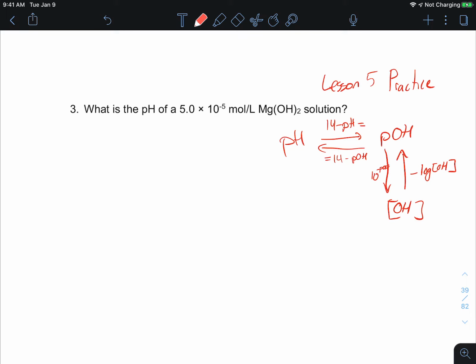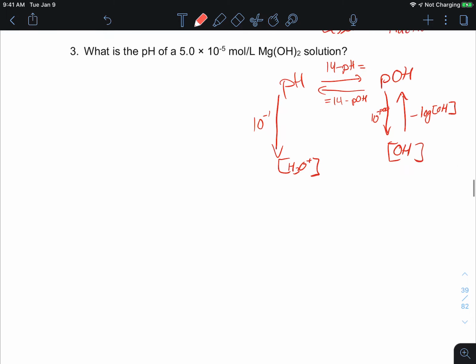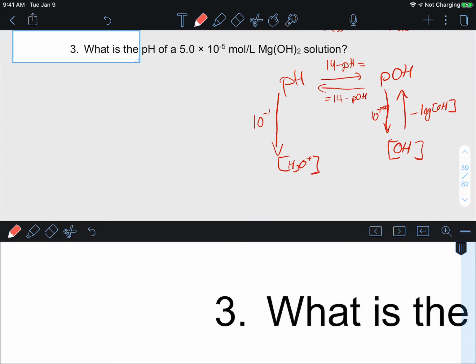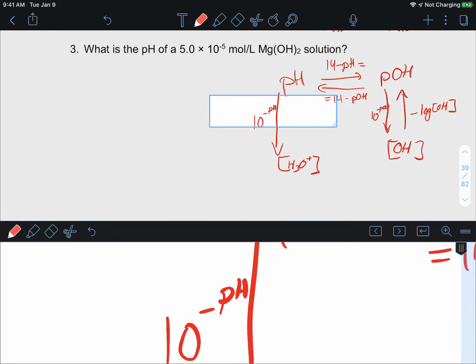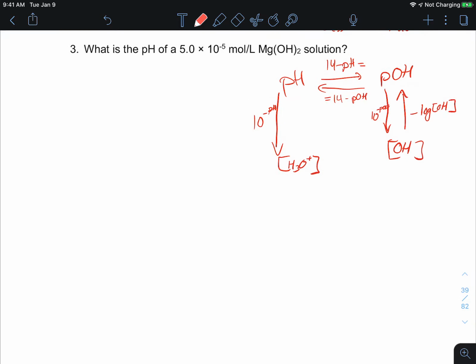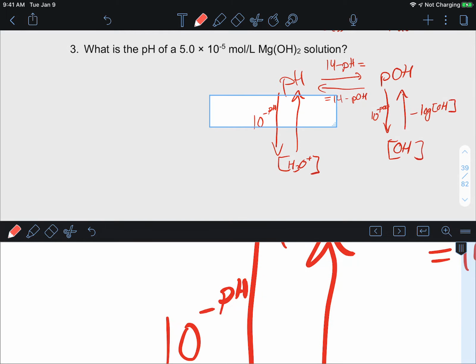And if you'd like to do that, you can copy and paste essentially the same thing. pH becomes the concentration of hydronium by taking 10 to the negative pH. Oops, what am I writing? 10 to the negative pH, and you can go from hydronium to pH by taking the negative log of H3O.